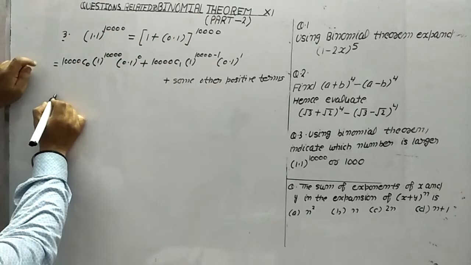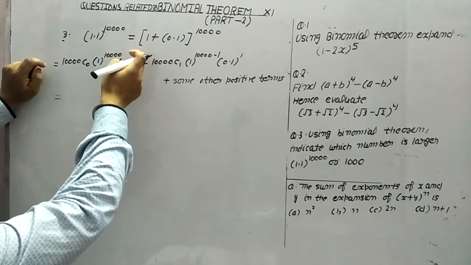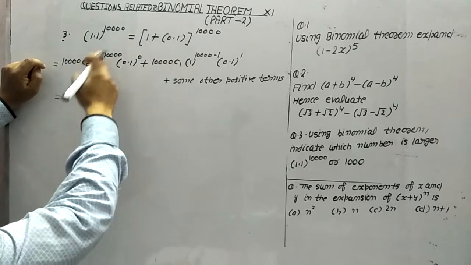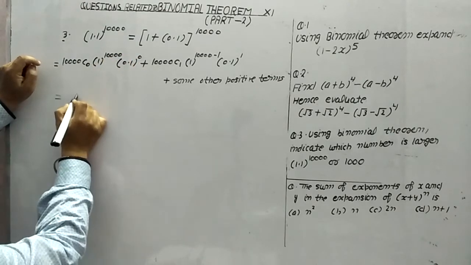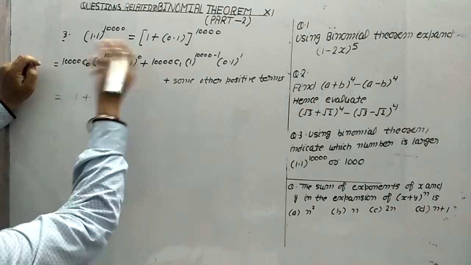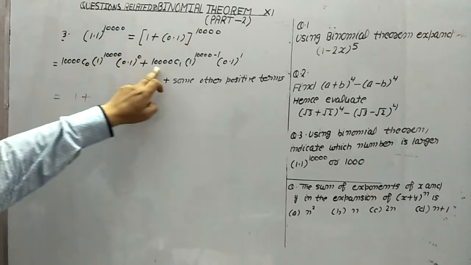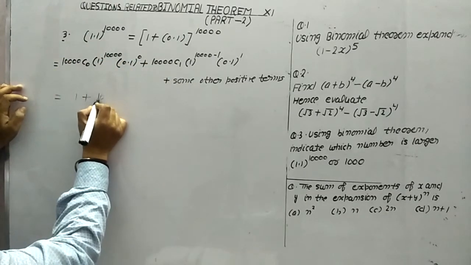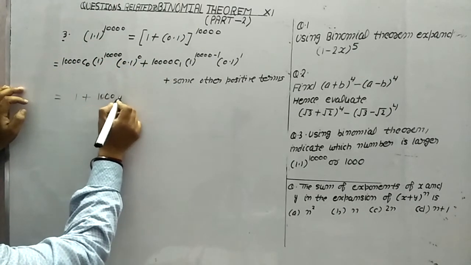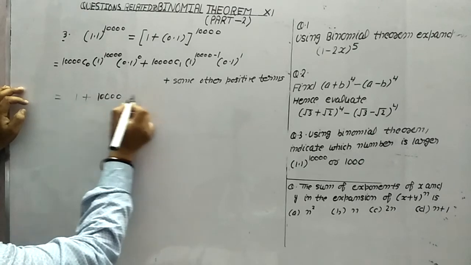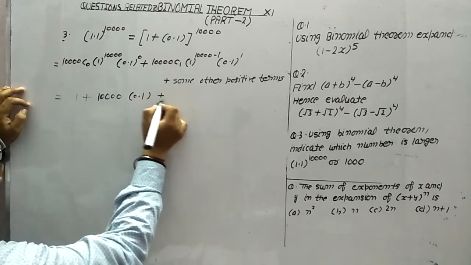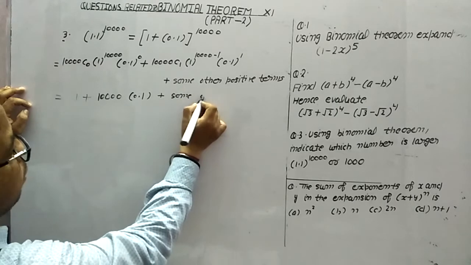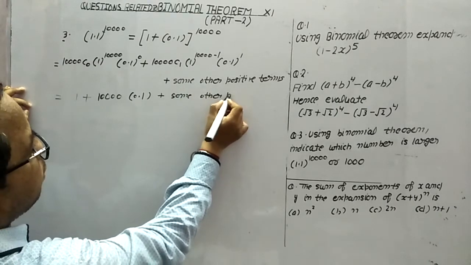Now look at this: 1 raised to power 10000 means 1 only, and (0.1)⁰ means 1 only. Now this is 10000 into 0.1 plus some other positive terms.